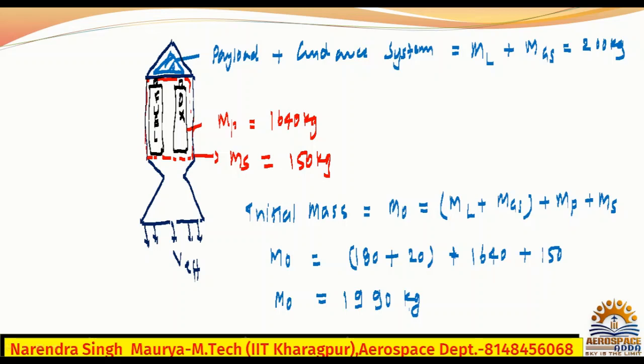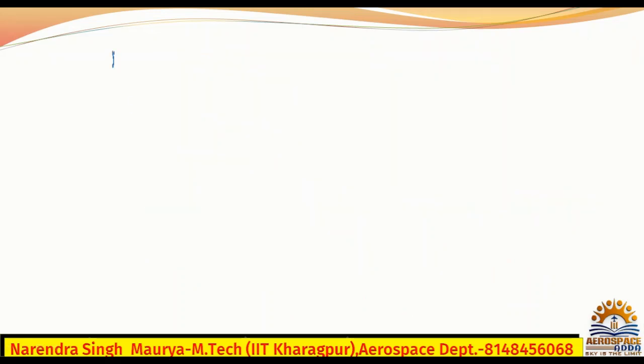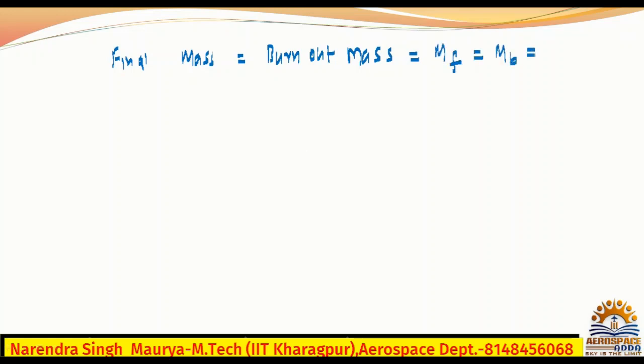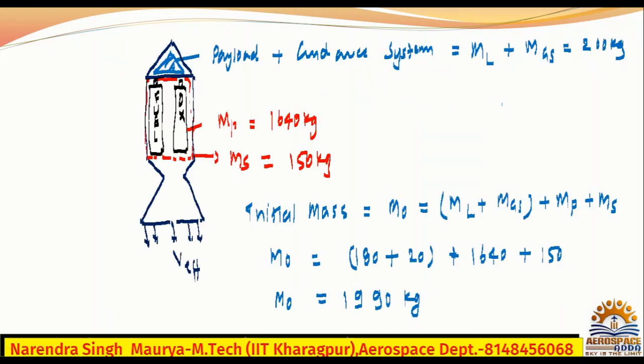So if I ask what is the final mass, MF, final mass or burnout mass, it will be MF or MB. It is the initial mass minus the propellant mass, after complete burning of the propellant. So your MB or MF will be m naught, the initial mass, minus propellant mass.